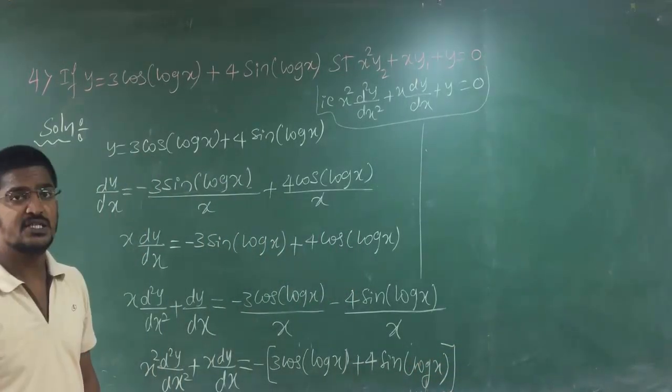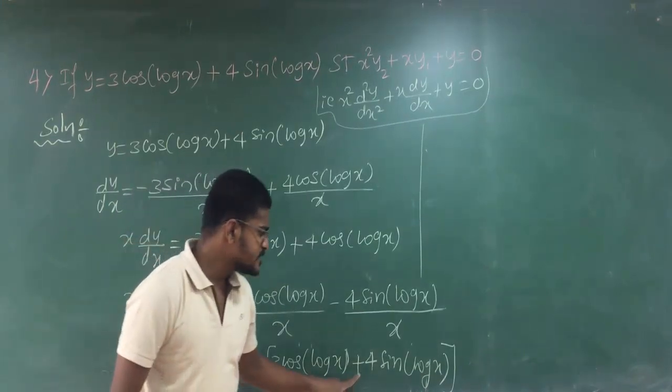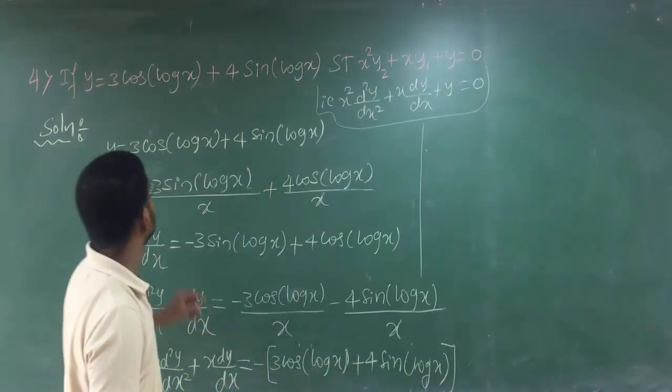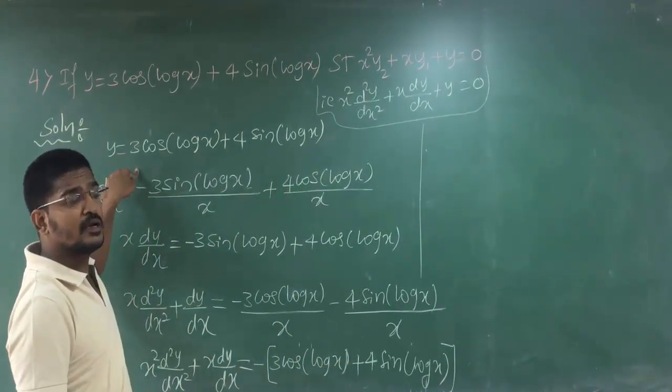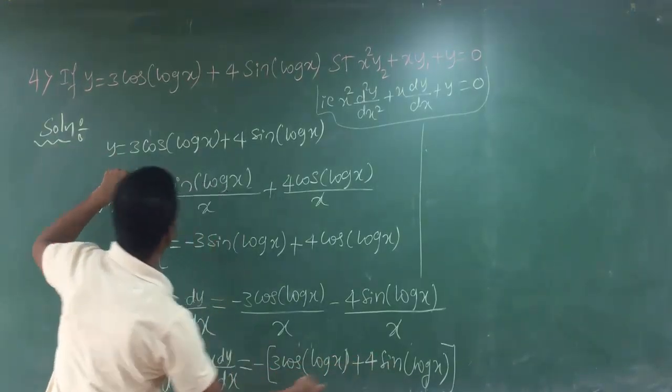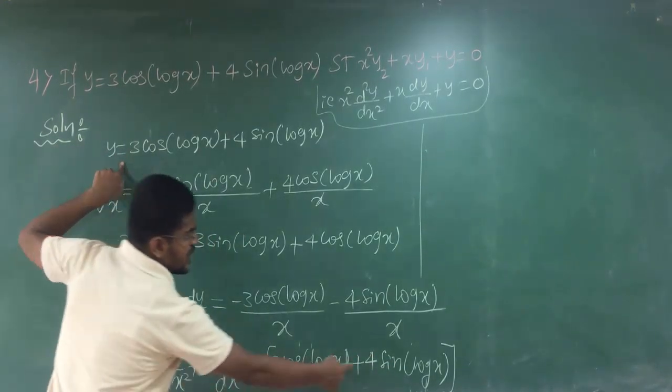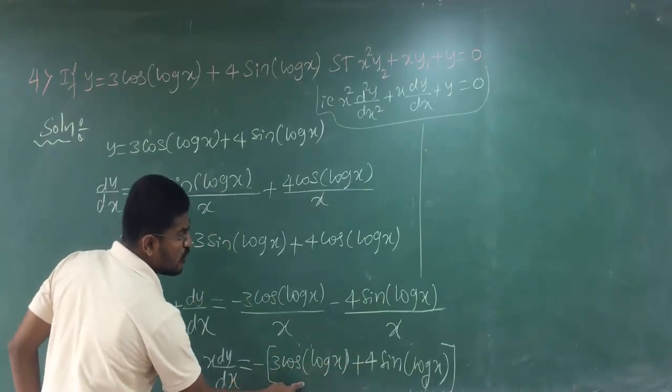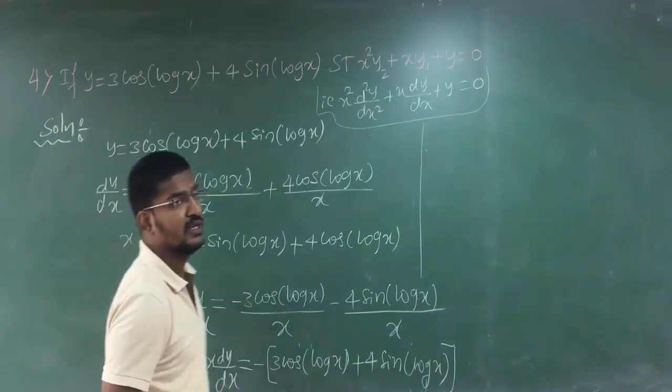So my dear students, see here, 3 cos of log x plus 4 sin of log x is nothing but your y. Clear? This term is nothing but your y. So here you can write y, that will be minus y. You take it to LHS, it will be plus y.